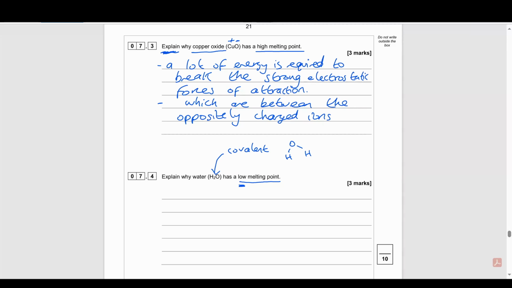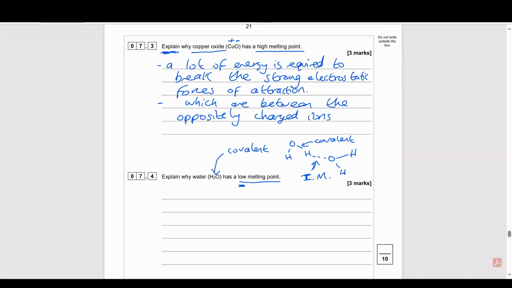It's going to be intermolecular. So here are two water molecules. Between the oxygen and the hydrogen atom, because they're sharing electrons, this is the covalent bond. But between the water molecules themselves, this is the intermolecular force. So what we need to say then is a little amount of energy is required to break these intermolecular forces.